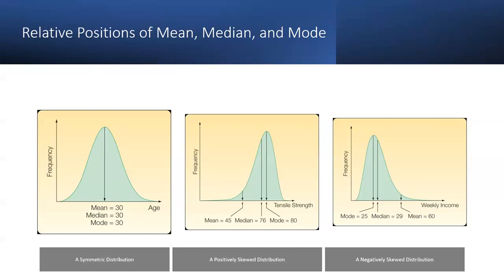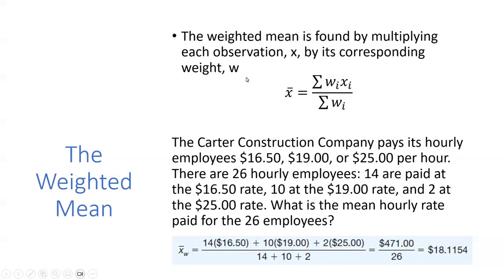You'll see a negatively skewed distribution when you start seeing your median and mode not being very close again, and your mean being so much higher than the others. That's once again going to give you an indication that you have some outliers in your data, or maybe not a symmetrical distribution of your data.